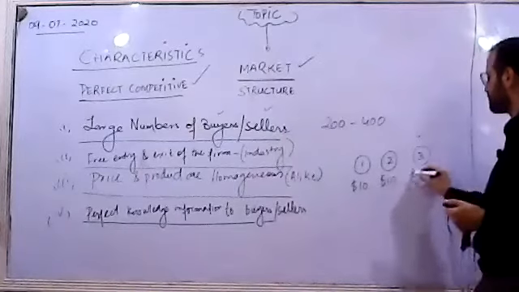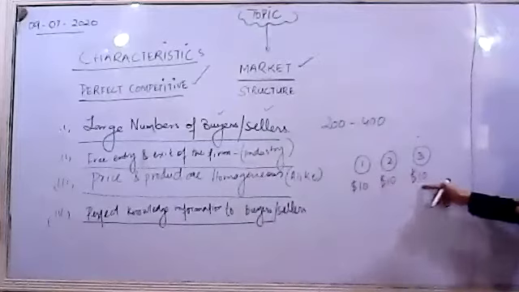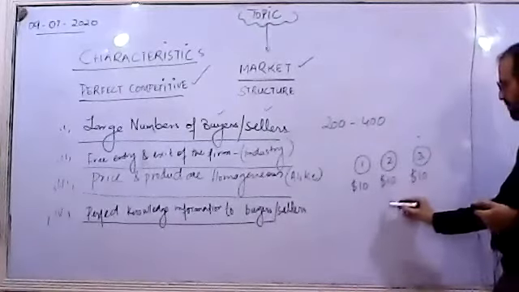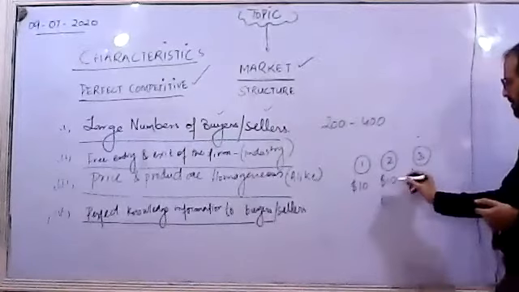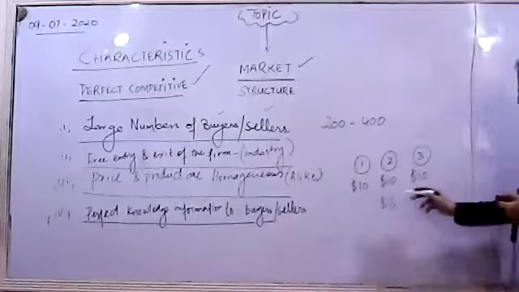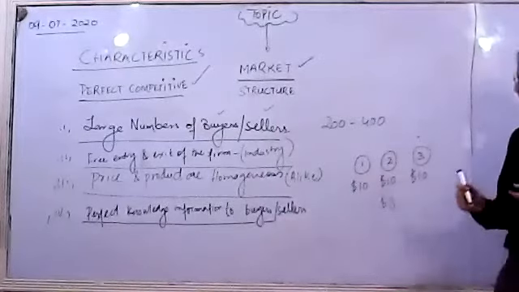This is something known as a homogeneous price, alike. But let's say firm 2 decides that it's going to reduce its price from $10 to $8. What happens, dear students? The other 2 are going to react accordingly. How would they know?